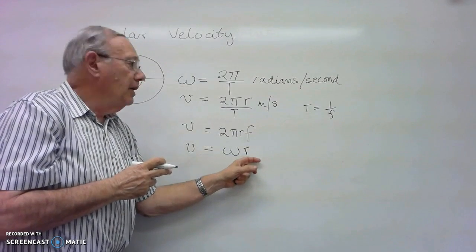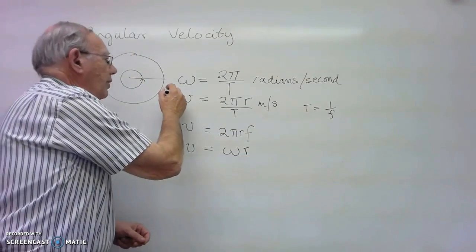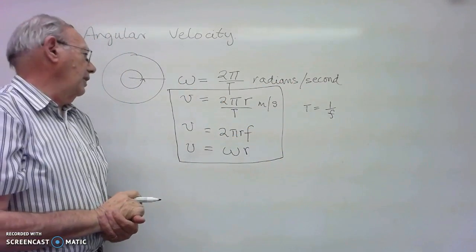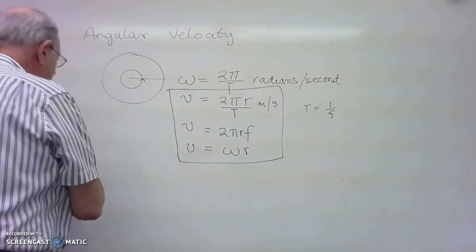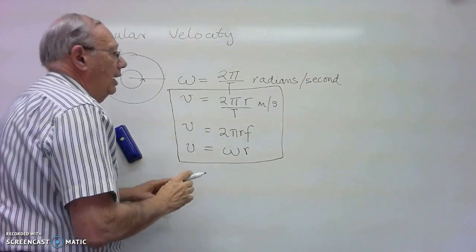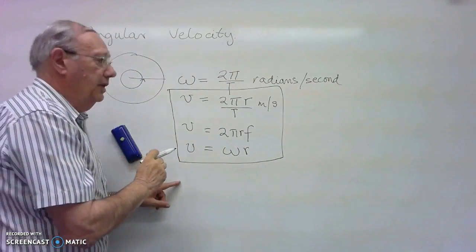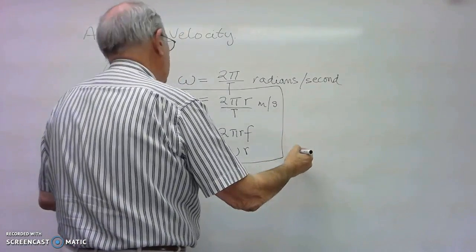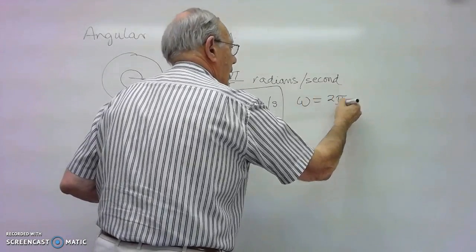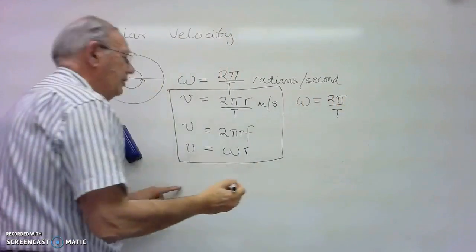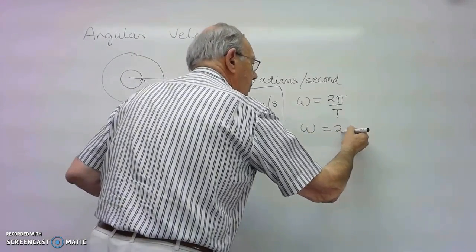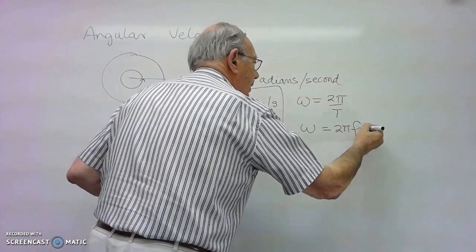So when we look at this, we've got these expressions here for the velocity, and we've got a number of other, matching expressions if you like, for the angular velocity. So we've got angular velocity is equal to 2 pi on T. We've got the angular velocity is equal to 2 pi f.